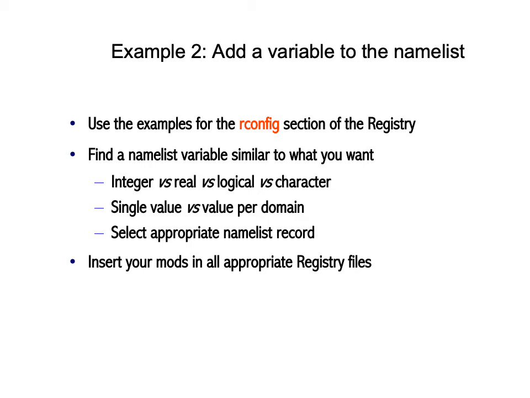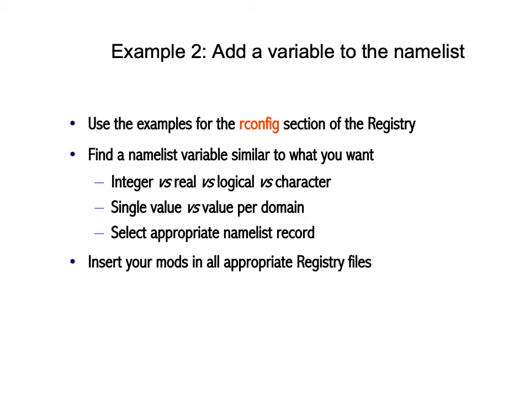We find a namelist variable that is nearly identical to what we want. An integer versus a real versus a logical versus a character string. Do we want a namelist variable that is going to have a single entry, or is it going to have a value that is per domain? We want to know the particular namelist record that this variable is going to be used in.